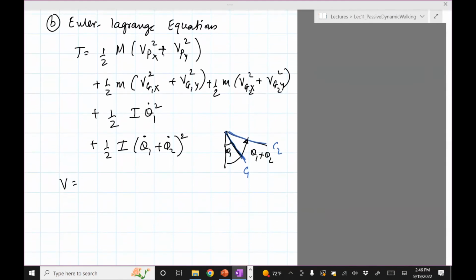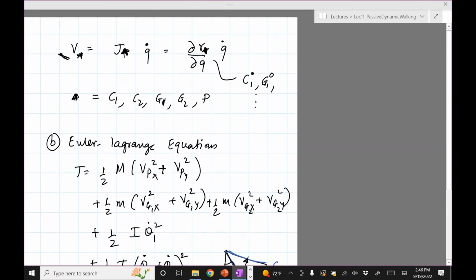Then we need the potential energy. So here what you need to do is mg times the position of the point, in this case P, and you have to do it in the global frame. What we have done so far is compute the position in the world frame, P0.